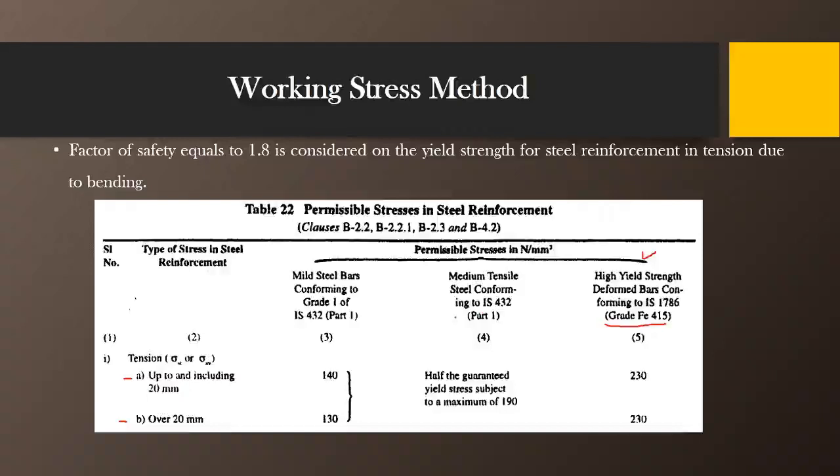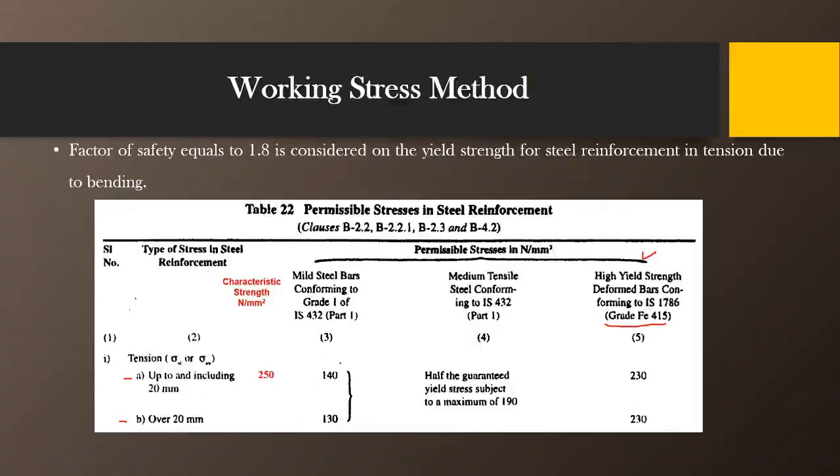As we discussed previously also, for the mild steel Fe250 grade, the characteristic strength Fy is equal to 250 Newton per mm square. And at the same time, the permissible stress here for this mild steel is given as 140.